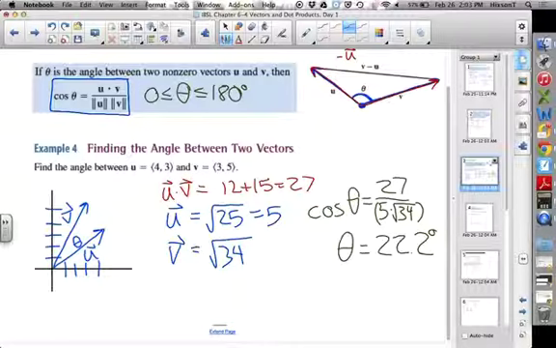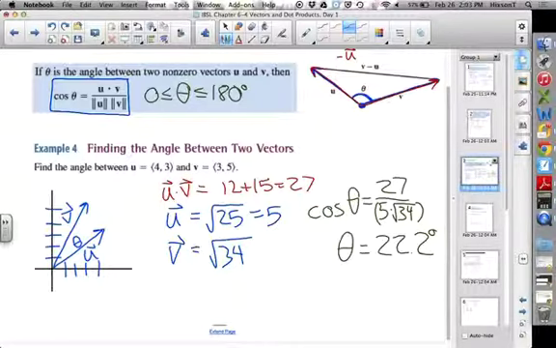Then it's 90. What in the formula would make our cosine equal to 0? The numerator being 0, not the denominator, that would make it undefined. So if the dot product is 0, we get a 90-degree angle.